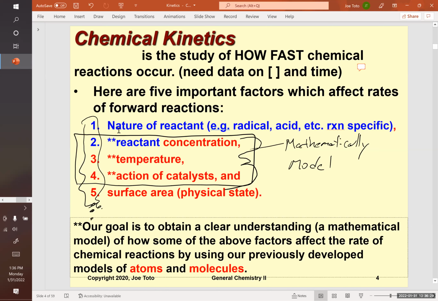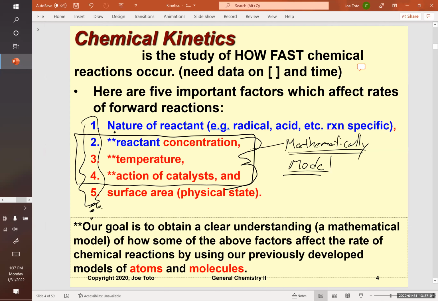So not only will it model data that you have at hand, but it can be used as a mathematical equation to predict what the data would look like in the future. You can see that that's a pretty powerful way to look at chemical concepts. And that's why math is so important in chemistry, as well as physics and biology.